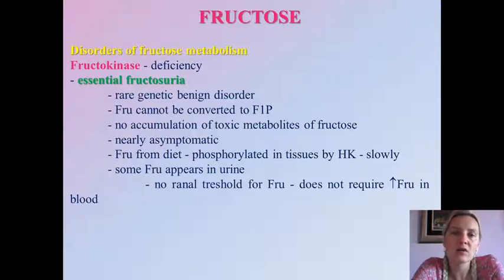So the metabolism is slow. Fructose can appear in urine because there is no renal threshold for fructose, and unlike glucose, it is not required to have a high concentration of fructose in blood in order to appear in urine. For fructose this is just normal, and the disorder is fructosuria.